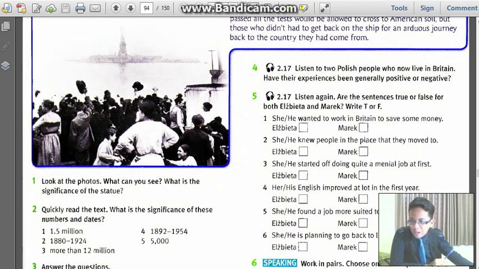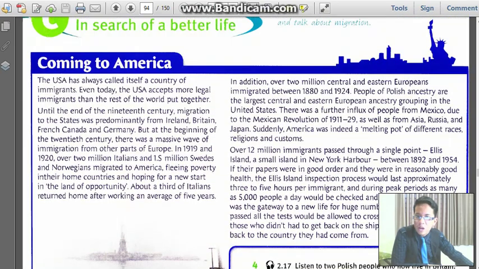1.5 million, 1880, 1924, more than 12 million, 1892 to 1954, 5,000. We'll do a little bit of them, and during a break you may find the time to do it, or we may do it all. 1.5 million. Let's find that.